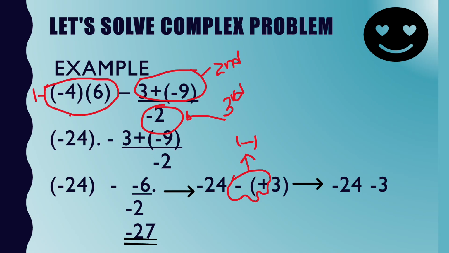Now we are going to solve a really complex problem. You can see this problem is complex, it's hard, but we are going to simplify it and finally get the number. You can see in the red color I put the numbers.